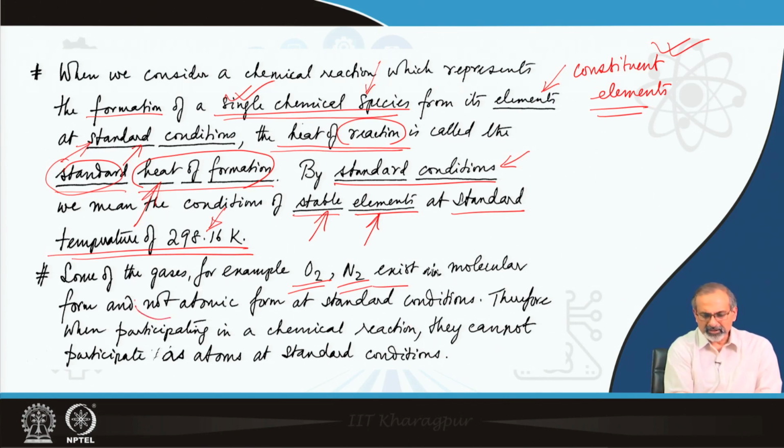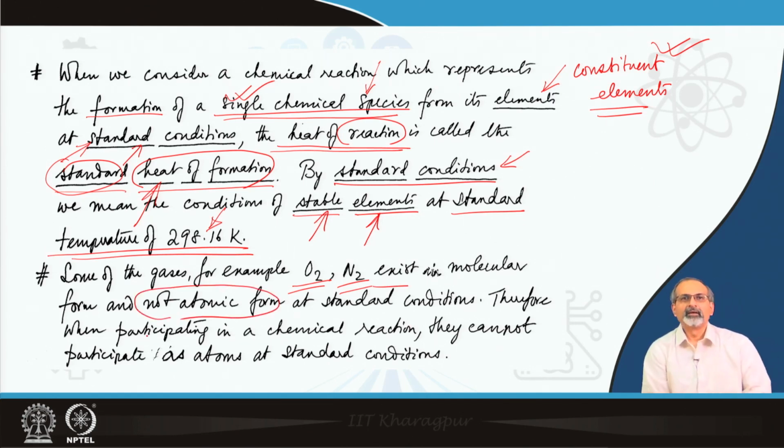They would not exist in the atomic form. They are expected to exist in their atomic form at much higher temperatures, and therefore, if you are trying to calculate the heat of formation, you need to consider them in that form if they form part of the constituent elements for a certain chemical species. That is the point we are trying to raise.